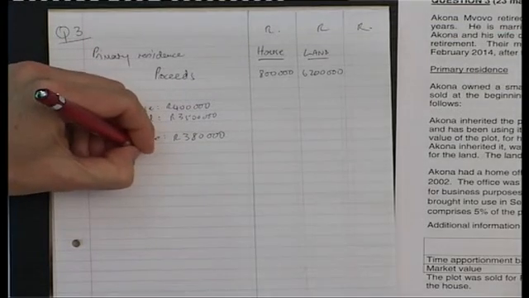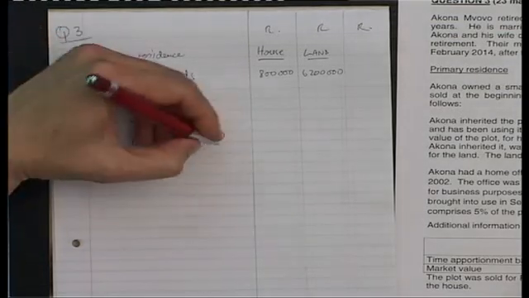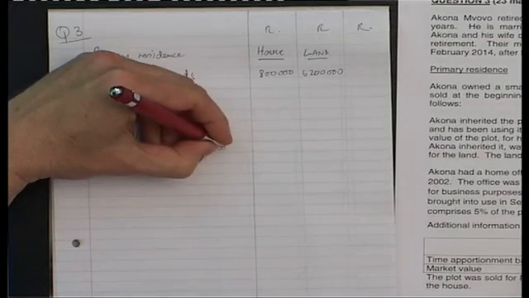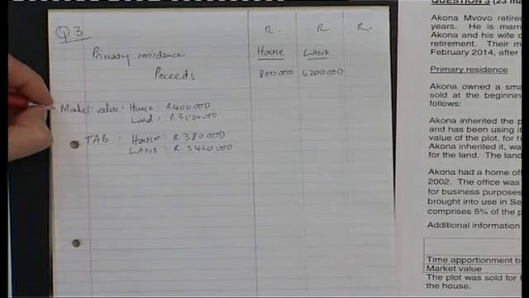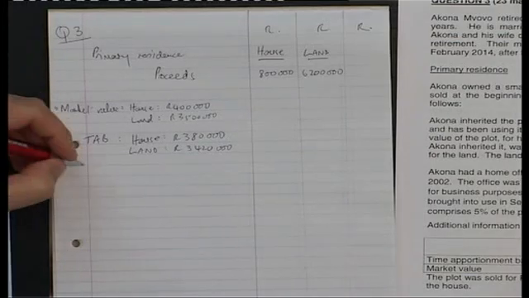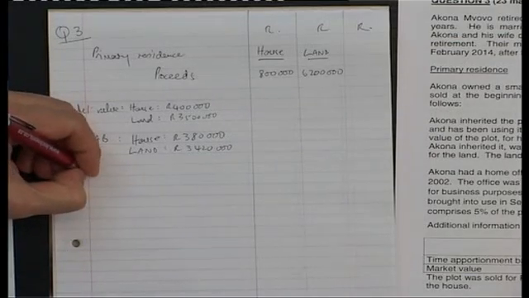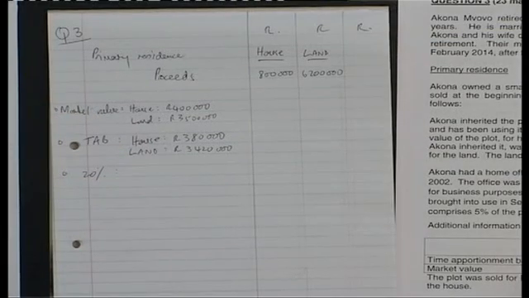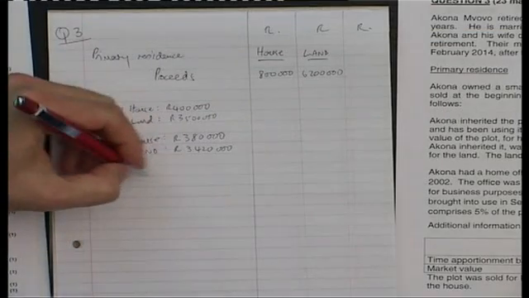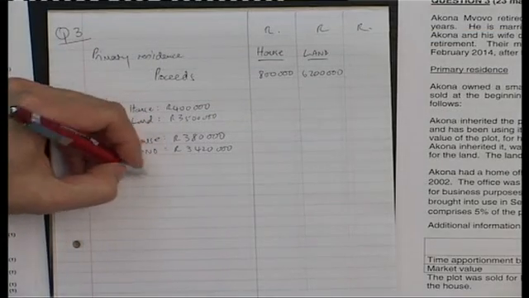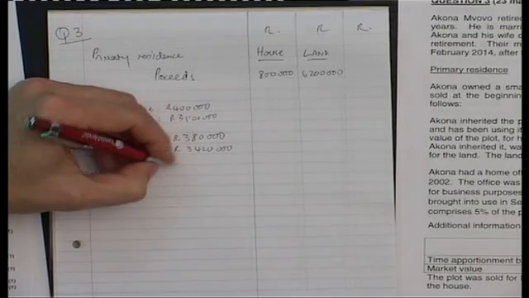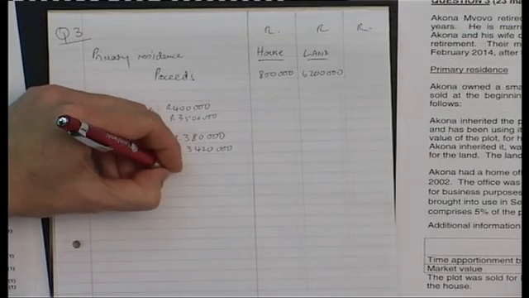And the TAB for the land was 3,420,000. So that's one option, the second option, and the final option is the 20% rule. This is the only one where you need to do a calculation. And what does the 20% rule say? You multiply the proceeds of the house, which is 800,000, we know that.